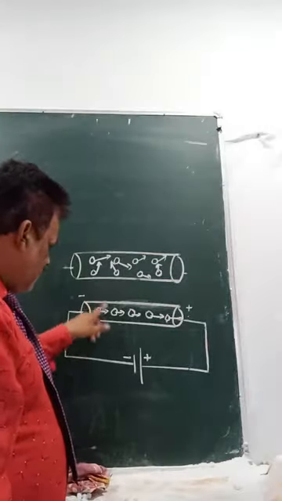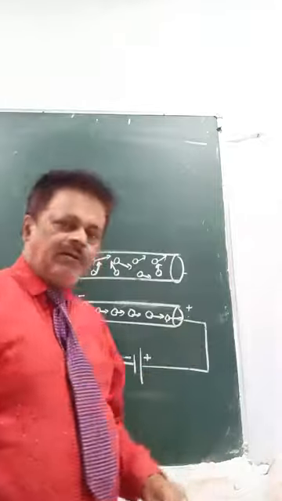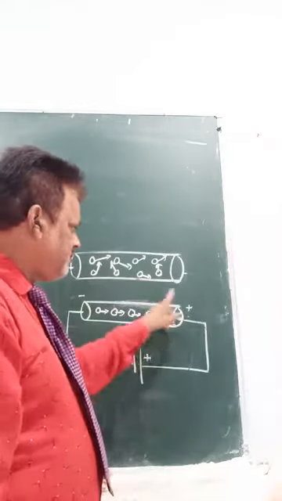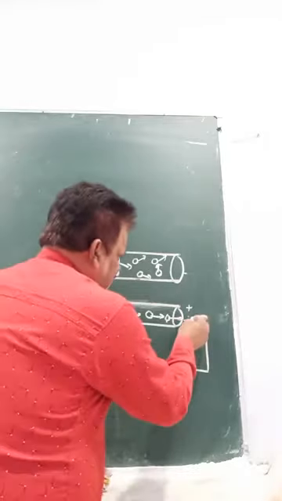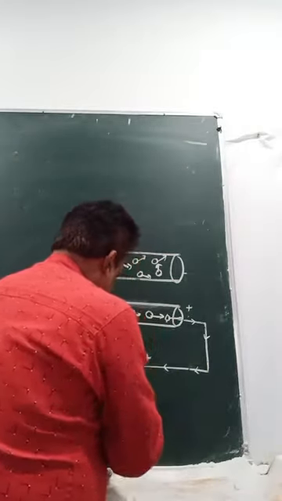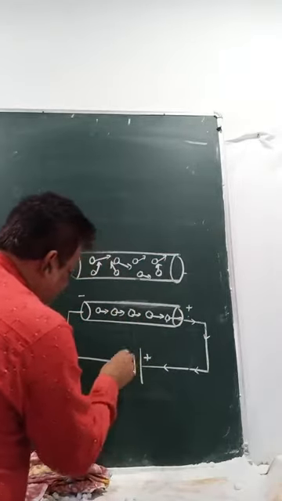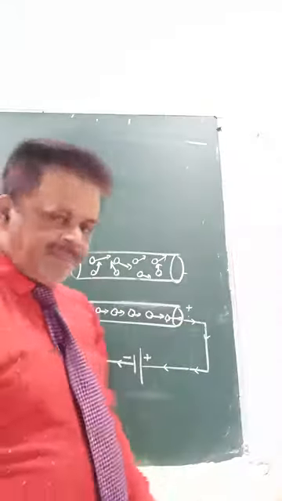Negative electrons, being negative charge, will move towards the positive side of the conductor which is connected to the cell. That means electrons will start moving this way, then go inside the cell. This is the direction of movement of electrons.